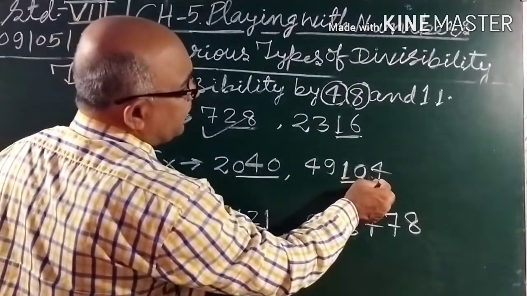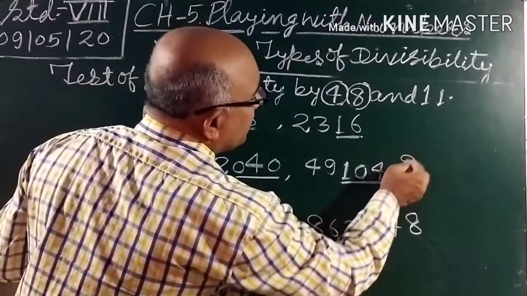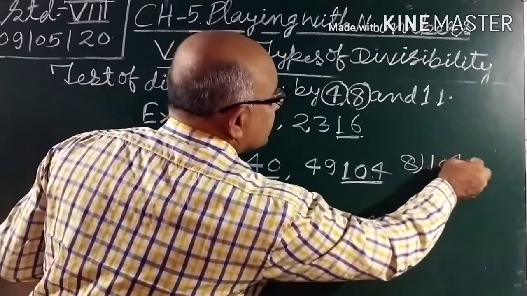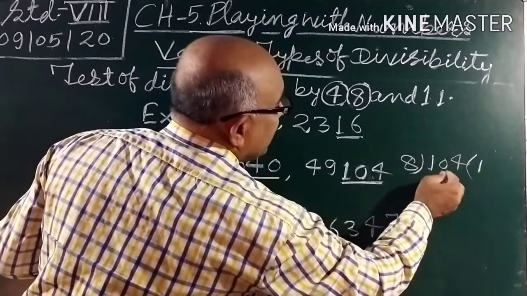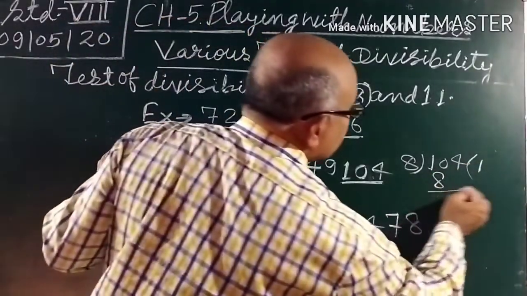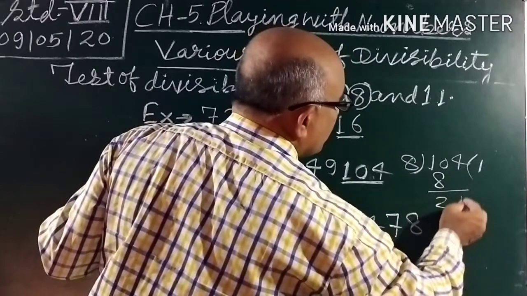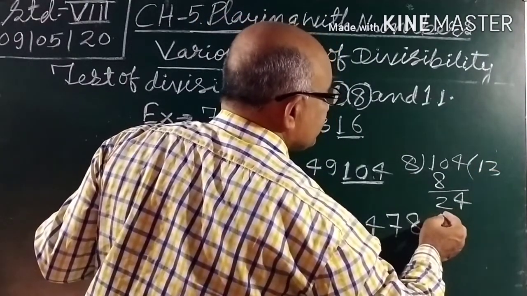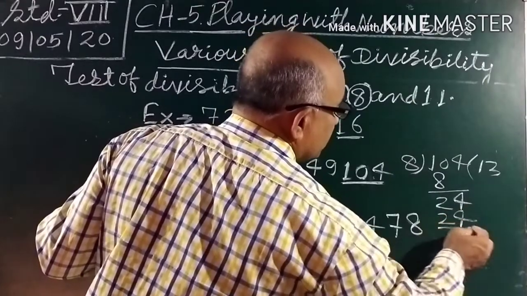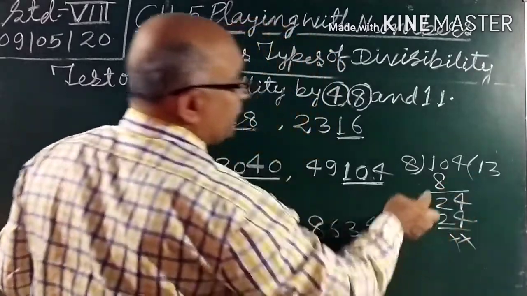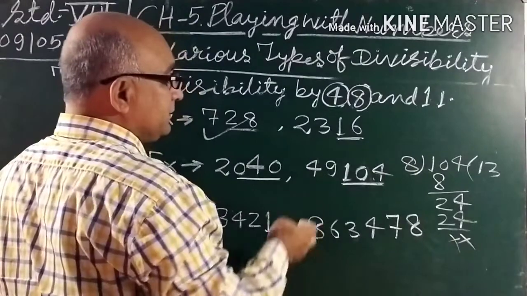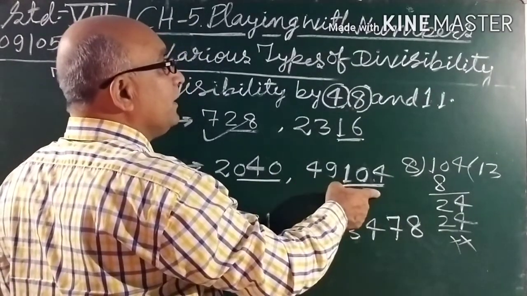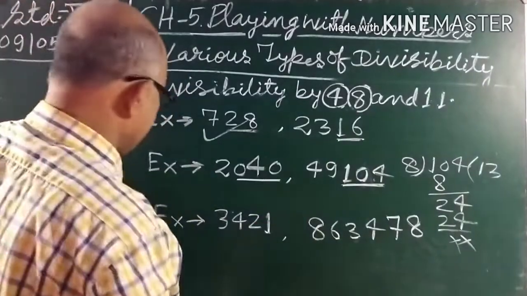So 104 divided by 8. 8 ones are 8, remainder 2 and 4. 8 threes are 24. So 104 is divisible by 8. Therefore, 49,104 is divisible by 8.